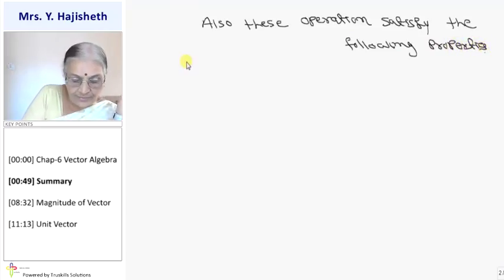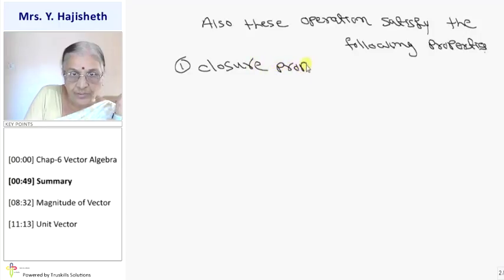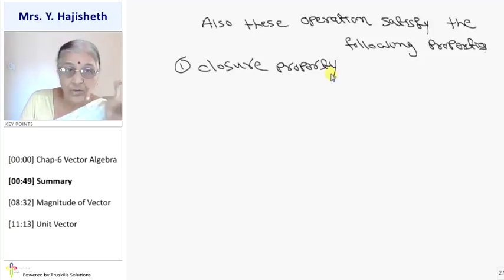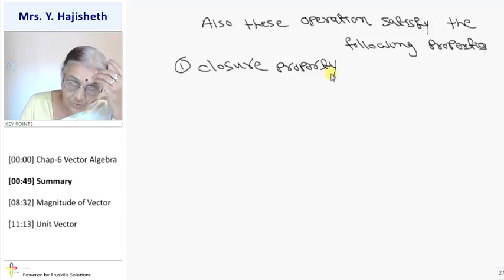What are the properties? First, closure property, which I have discussed just now. Closure property मतलब x and y belong to R cube, then x plus y also belongs to R cube, and kx also belongs to R cube. So R cube is closed with respect to vector addition and multiplication of vector by scalar.